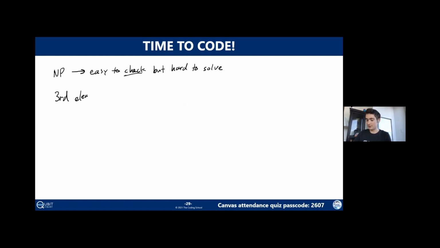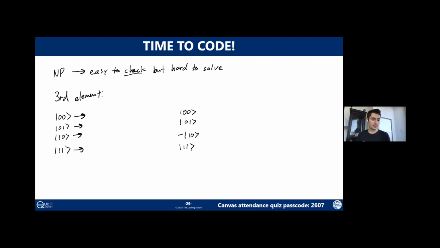If we wanted our oracle to mark the third element, what we would want is something that does the following. You would want ket 0, 0 to stay the same, ket 0, 1 the same, but then we get a minus on ket 1, 0, and ket 1, 1 the same.